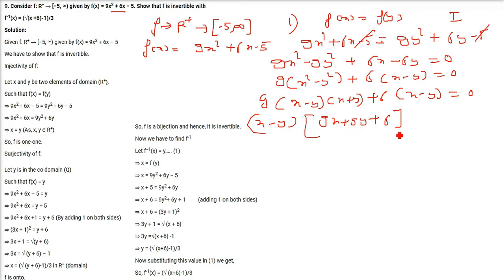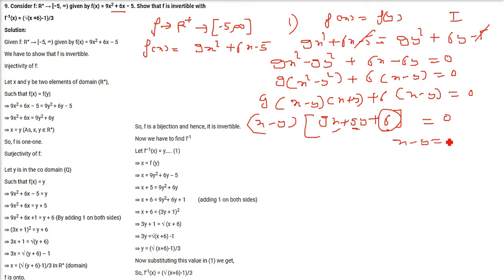But it is already 6, so x and y, because the range is already given R+, and since we don't get a 0 value from here, you will always get more than 6, whatever value you put. So what we get eventually is that x - y should be equal to 0.